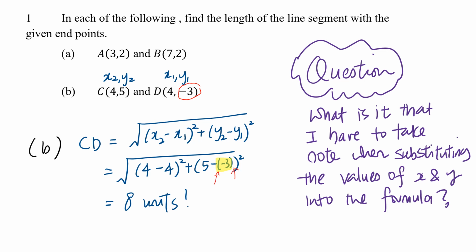Because if you don't bracket the -3, you may end up getting something like this, and this is not the correct answer. So it's very, very important that if you have a negative value, you bracket it. In this case, there will be two brackets, a smaller one inside and a bigger one outside.